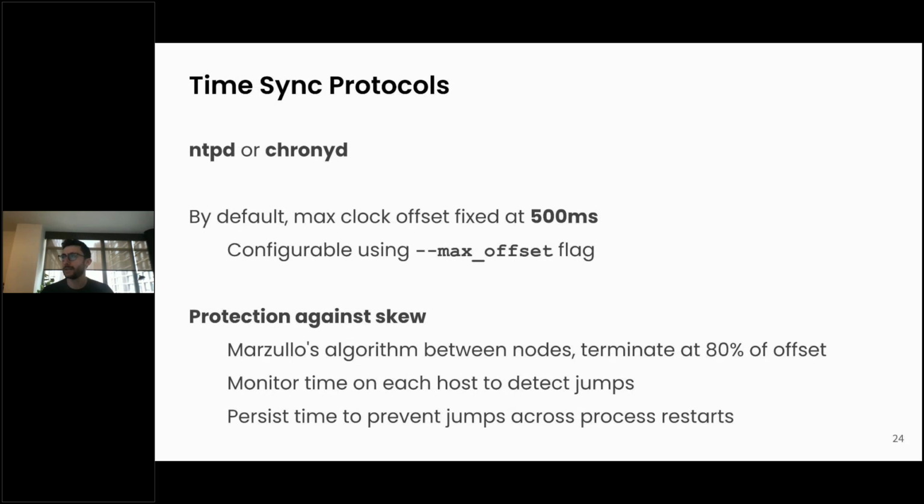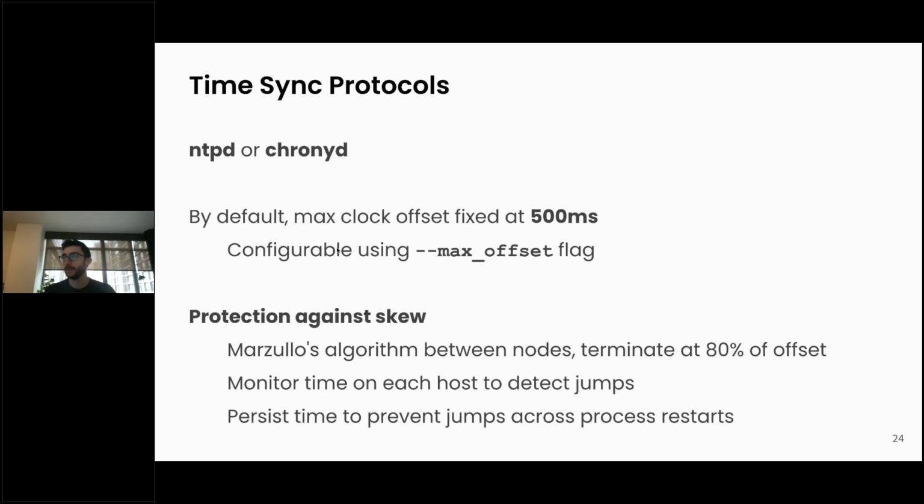So as a bit of a sidestep, it's useful to talk about the timestamp protocols that Cockroach is typically deployed alongside, because, to be honest, this isn't the most sophisticated part of CockroachDB. We rely on tools like NTPD or Chronyd to synchronize clocks to a fairly conservative value of somewhere between 250 and 500 milliseconds, or at least that's what we then expect these protocols to provide in terms of clock synchronization.